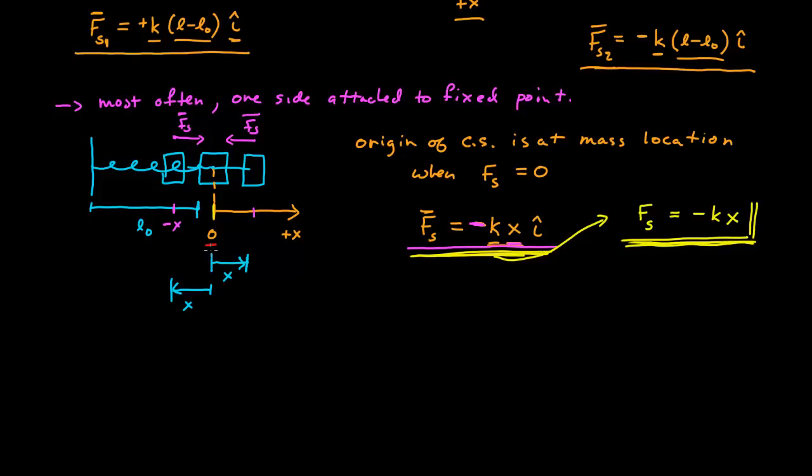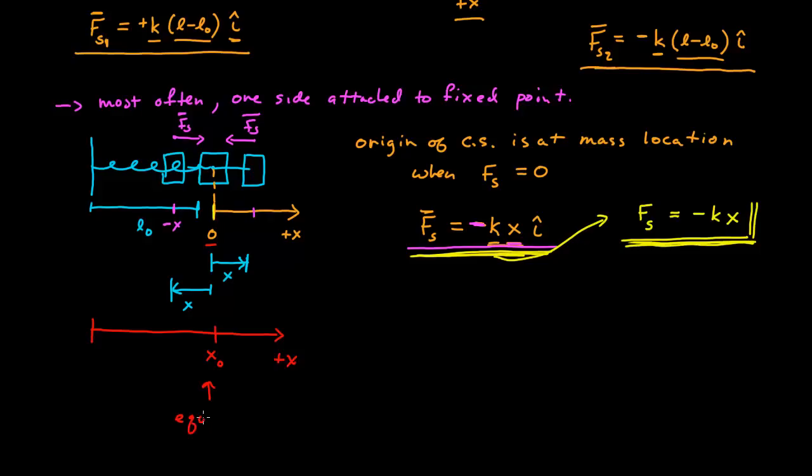Instead of having the origin of the coordinate system at the point of the mass when the spring is in its equilibrium position, let's have the origin of the coordinate system be at the wall. In this case, the location of the mass where the spring exerts zero force is some fixed but positive value of x. We'll call that x naught.